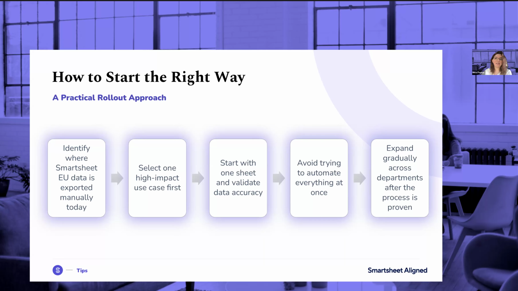Map the data, validate the accuracy, and avoid trying to automate everything at once. So those are some of the best practices that we often use. And start from a single department and expand the process to other departments of your organization.